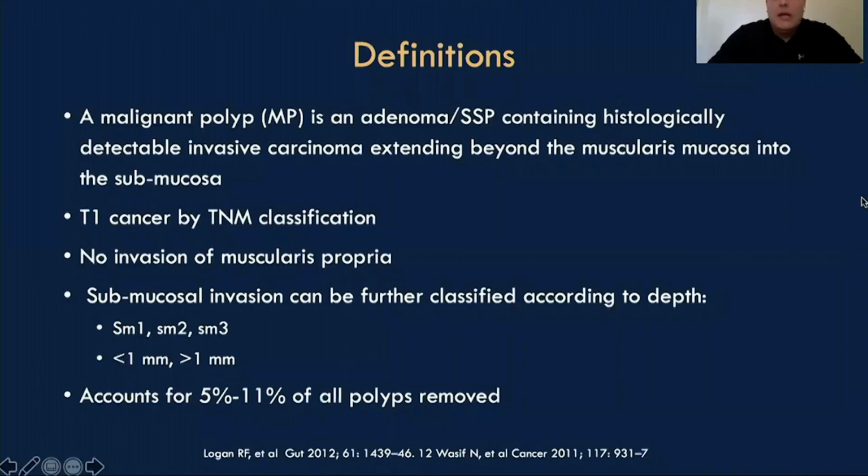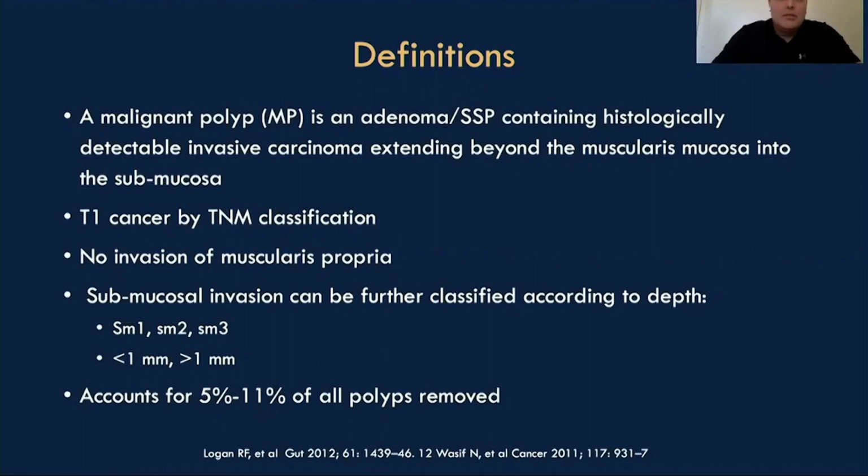A malignant polyp is a colorectal polyp that contains histologically invasive cancer, which means the cancer cells extend beyond the muscularis mucosa into the submucosa. It's a T1 cancer according to the TNM classification, and obviously there is no invasion of the muscularis propria, which would make it a T2 cancer.